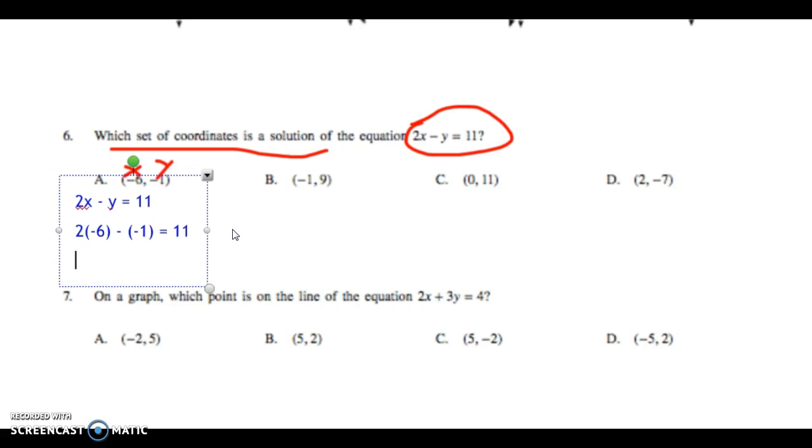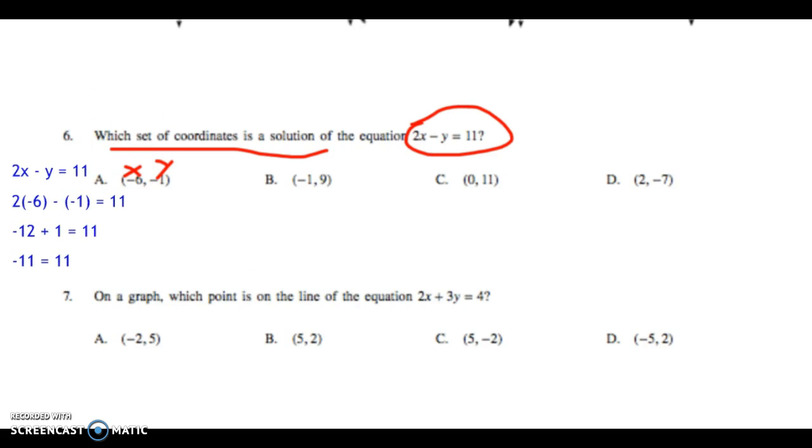We shall see. -6 times 2 is -12. Minus -1 is +1. Is that equal to 11? Well, no. It's -11 equals 11, and that's not true, at least as far as I know. So that means A is not the correct answer. We'll cross that one off.